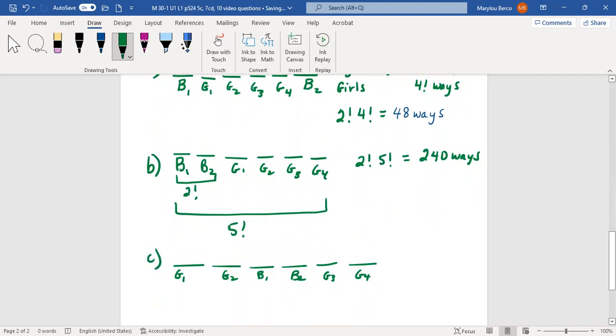So what we have here, they're stationary. The boys are 2 factorial. They can switch back and forth, but they have to stay in the middle. And the total number of arrangements for the girls is 4 factorial. So again, we have 2 factorial times 4 factorial is 48 ways, or arrangements.